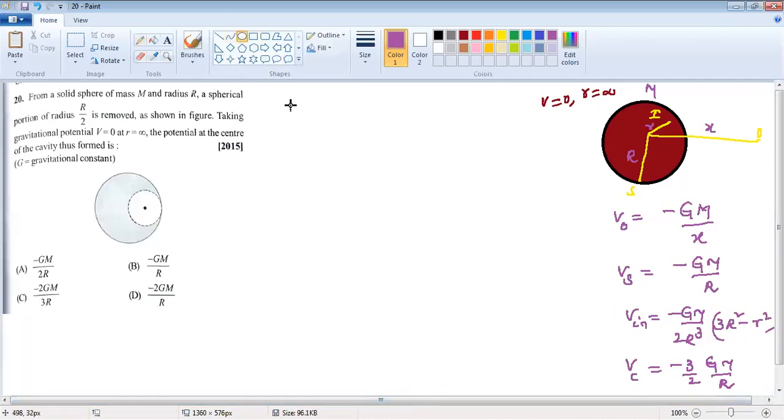Exactly as earlier, I took the 2 points here. One is the total part, the cutting part, and the remaining part here.